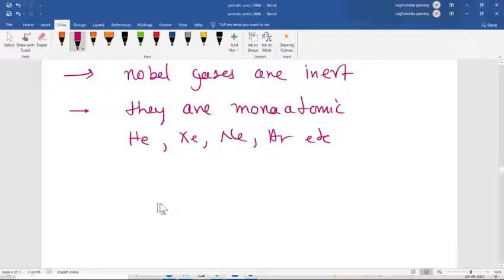Let's suppose this is your helium. Suppose this is one helium, and here we have the electron cloud of helium. Most of the time it is used for noble gases to measure the atomic radius.